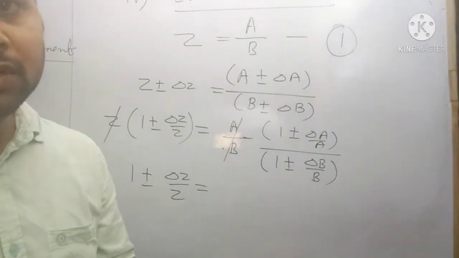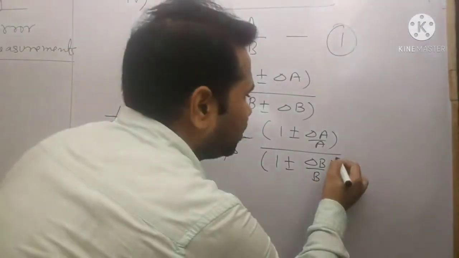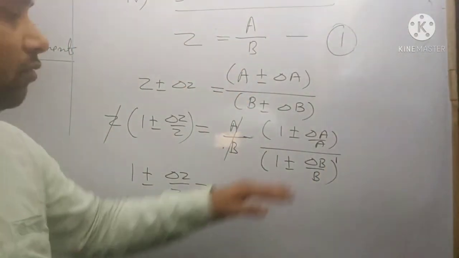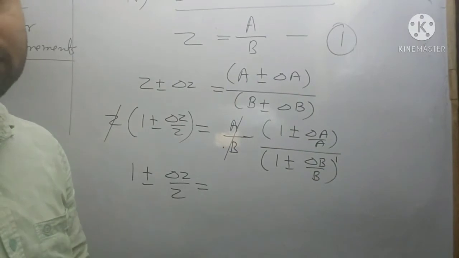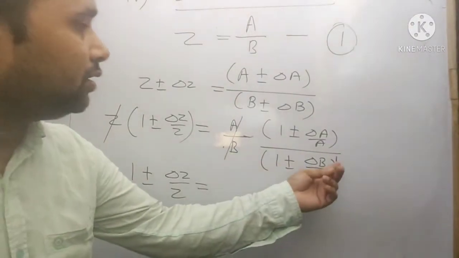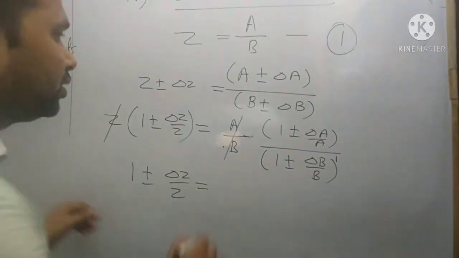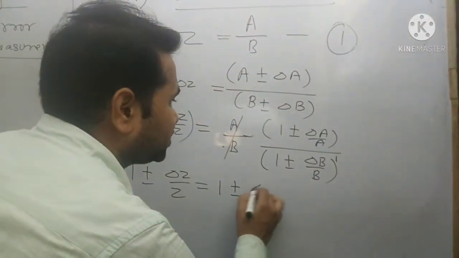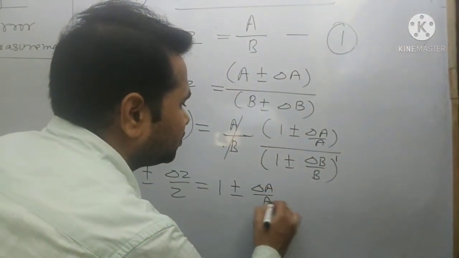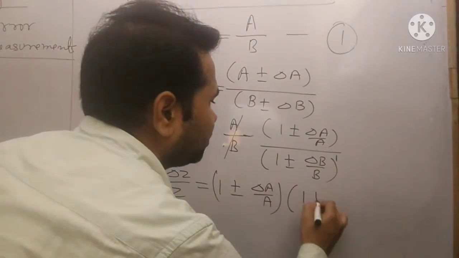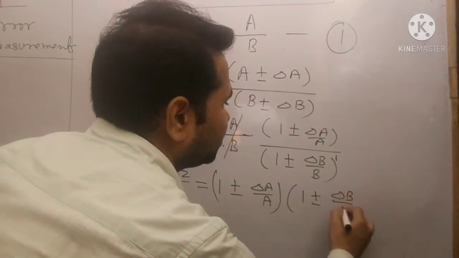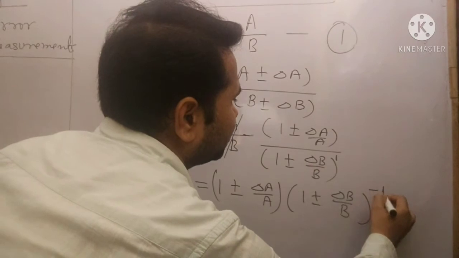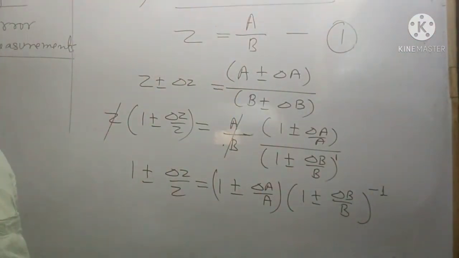By reversing the exponent. By default exponent is 1, and when it goes in numerator then the exponent becomes minus 1. So finally 1 plus minus delta a by a into 1 plus minus delta b by b, और exponent क्या हो गया? minus 1. ठीक है?